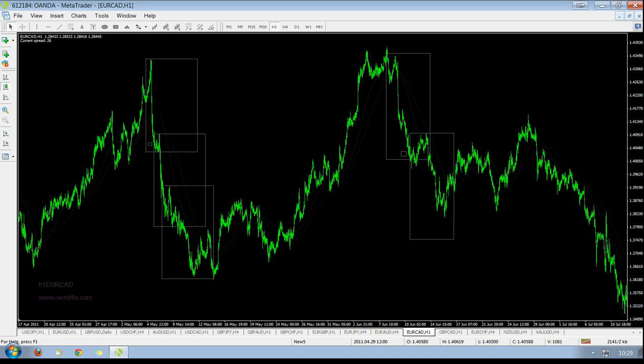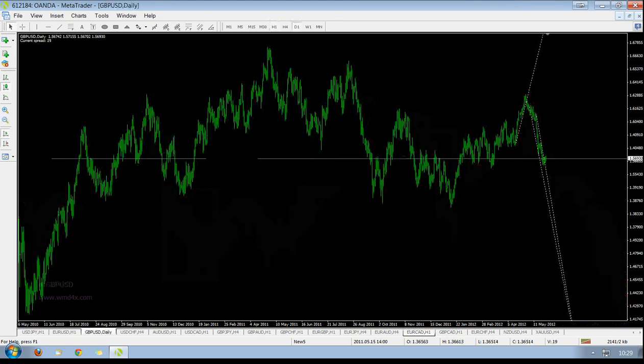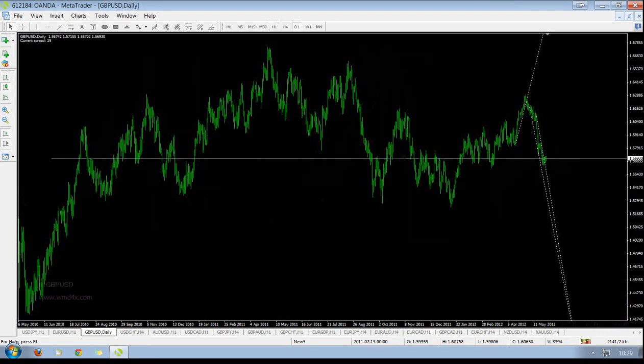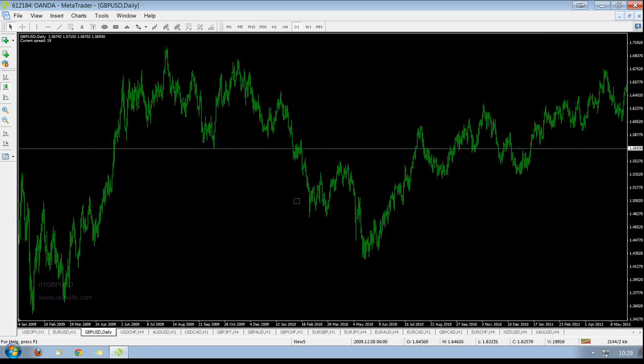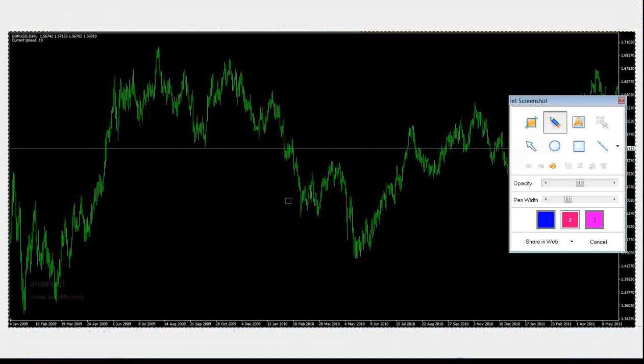All right, so that's the first. This is the second, and you can see that she pulls back quite comfortably to the first, and after that she pulls back quite comfortably to the second, right?